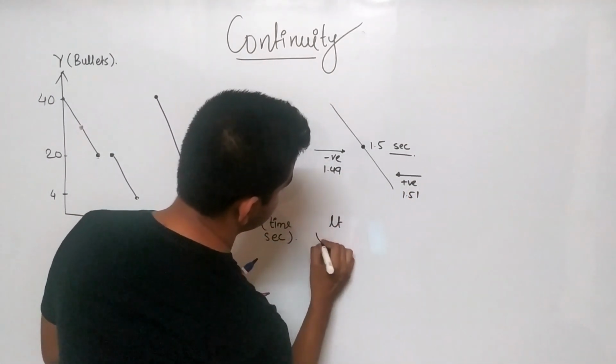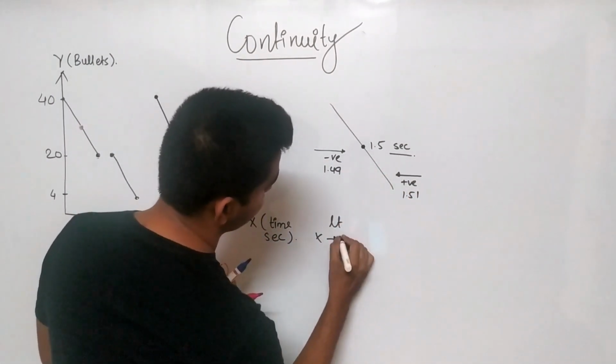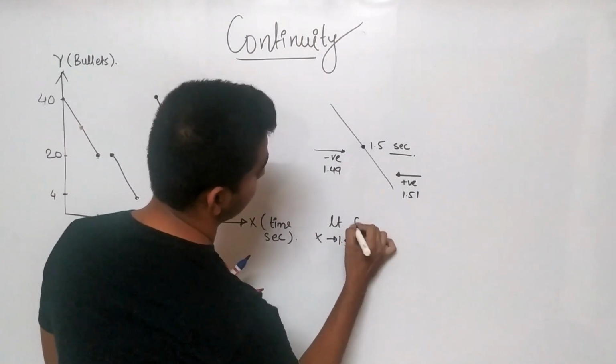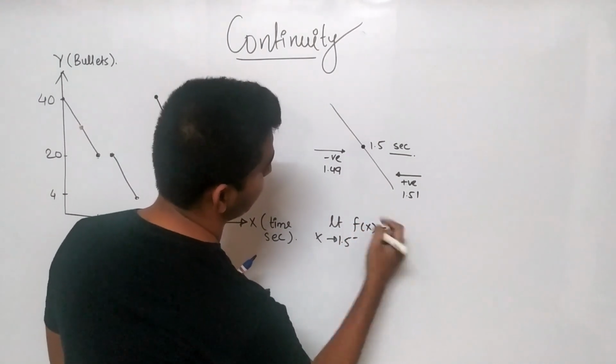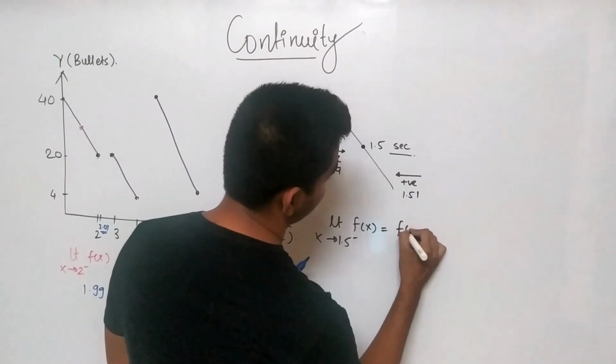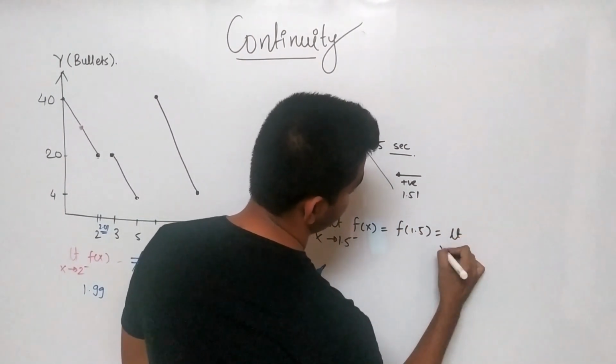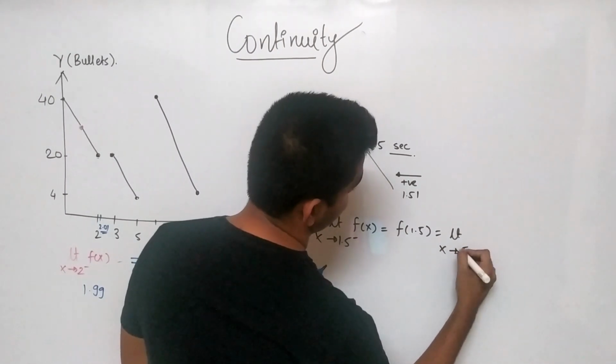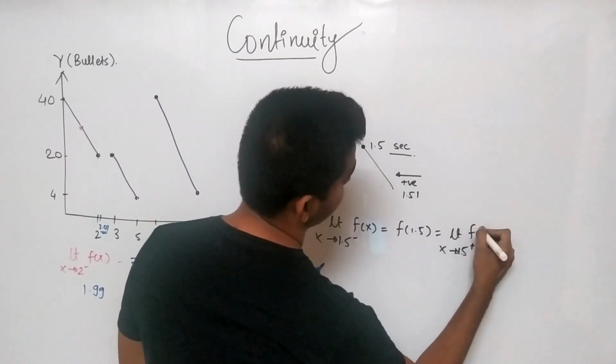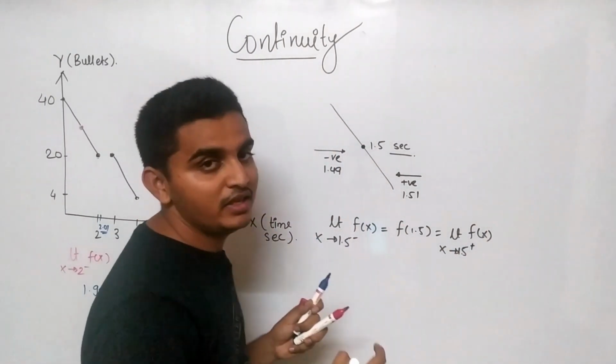So the limit as x tends to 1.5 from the negative side of f(x) will be equal to f(1.5), which will be equal to the limit as x tends to 1.5 from the positive side of f(x). Well, why are they equal?